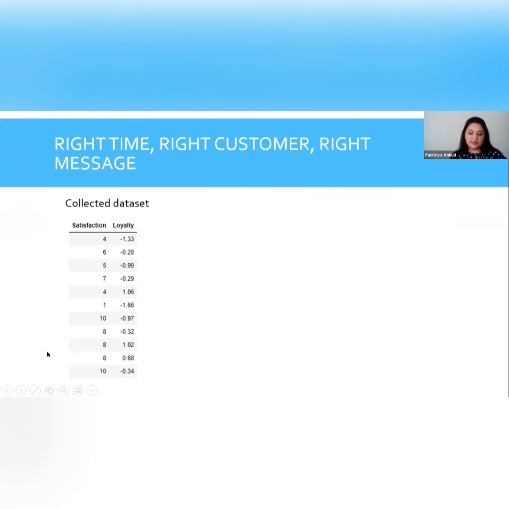For each customer, we have a score of satisfaction and a score of loyalty. Satisfaction was self-reported, so clients answered the question of how happy they are with the product we're offering. It's coffee in this case. Loyalty was measured through purchases per year, in addition to some other factors.